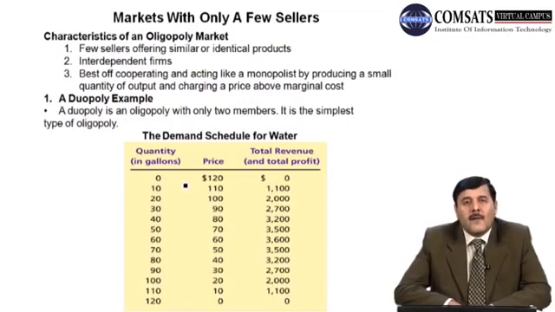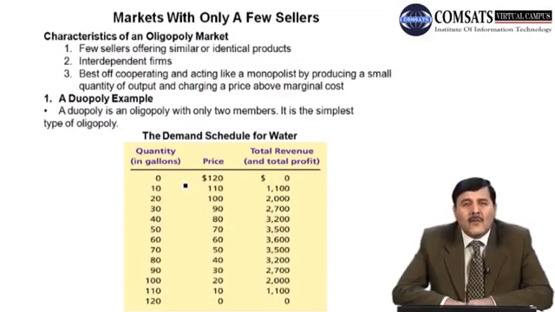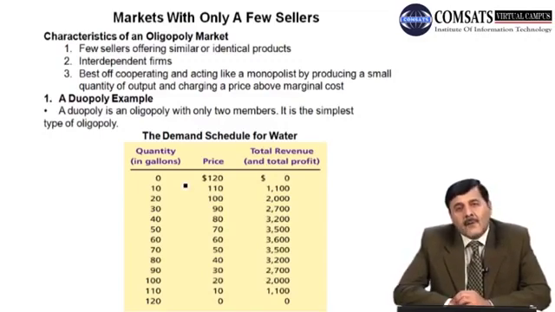Similarly, if the quantity of water further goes up from 10 to 20 gallons, with the increase in quantity the price further goes down from 110 to 100. When the price is 100, total revenue will be $2,000. How do we obtain this total revenue? As I told you earlier, total revenue is equal to price times quantity.